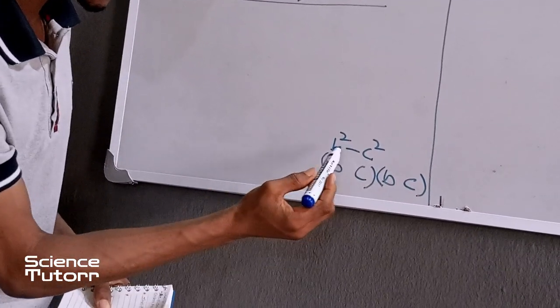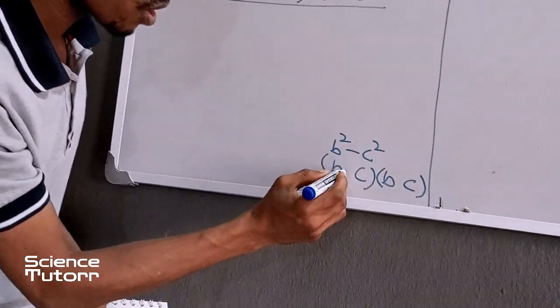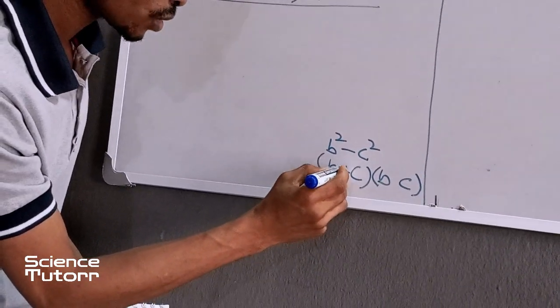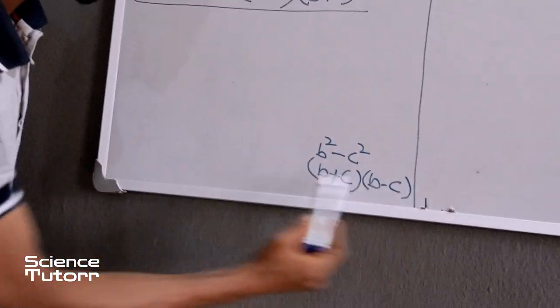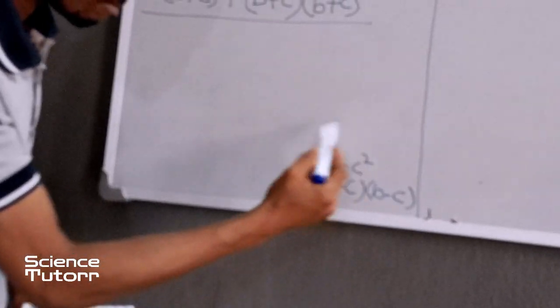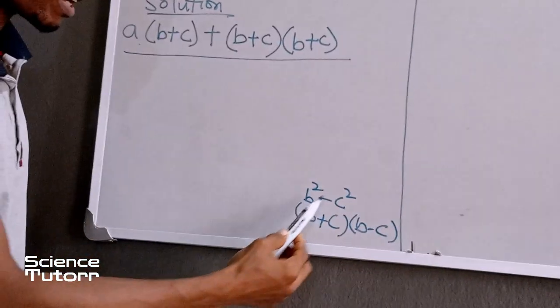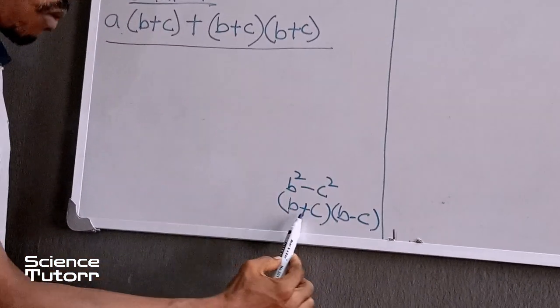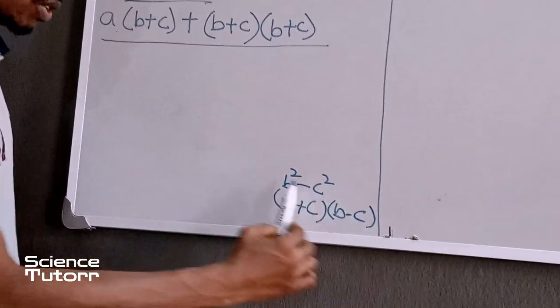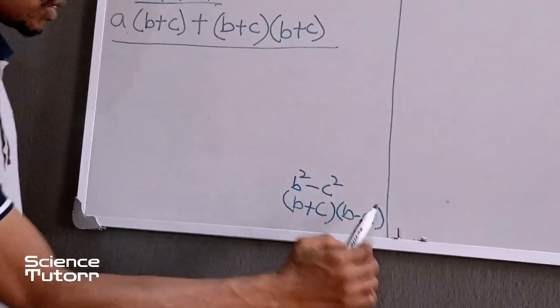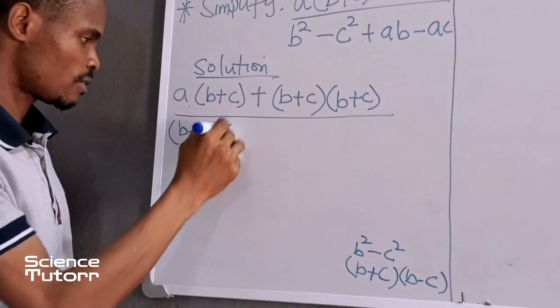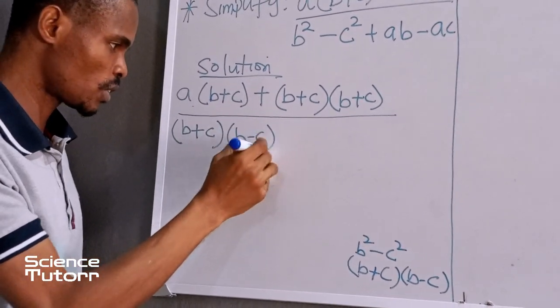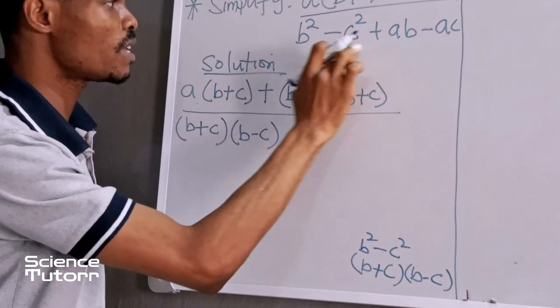And then, because it is a difference of 2 squares, one will carry a plus and the other will carry a minus. So if I expand this expression, it's going to give me this. So B squared minus C squared simply gives me (B plus C) and (B minus C). So this takes care of these.